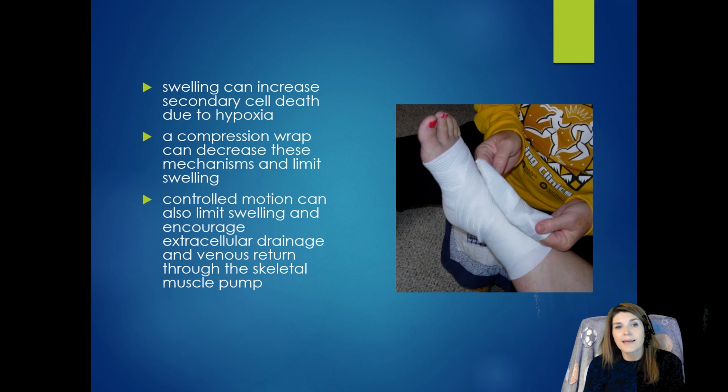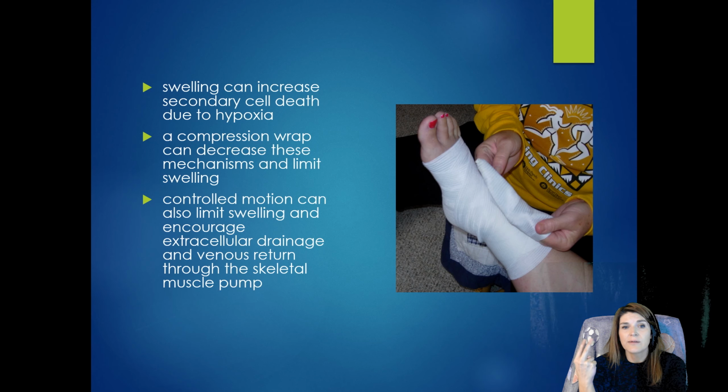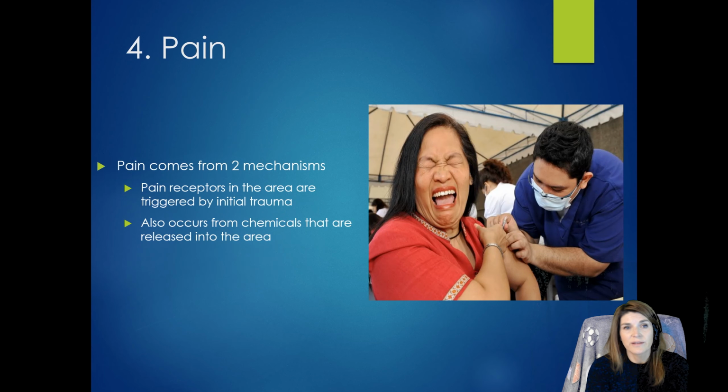So again, because we have initial cell death, secondary cell death is likely to follow just because of the extra debris in the extracellular space. For that, we can use compression, and we can do essentially rest, ice, compression, elevation to minimize those characteristics that happen to people with injuries.